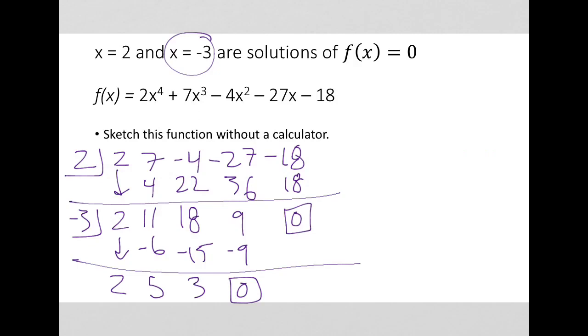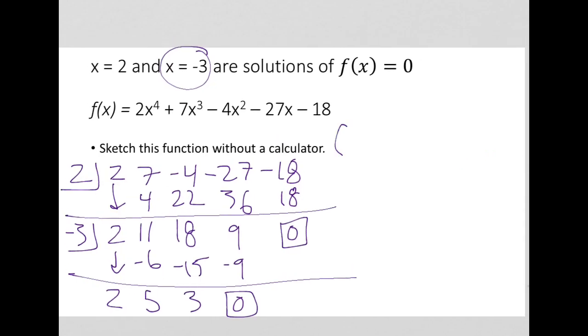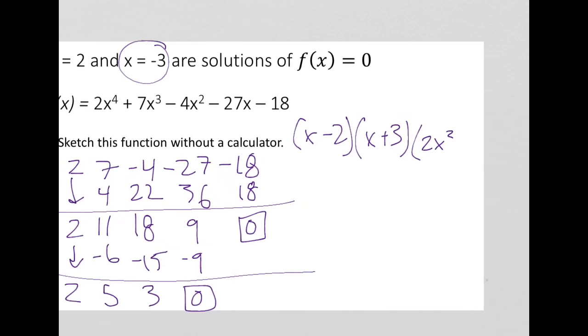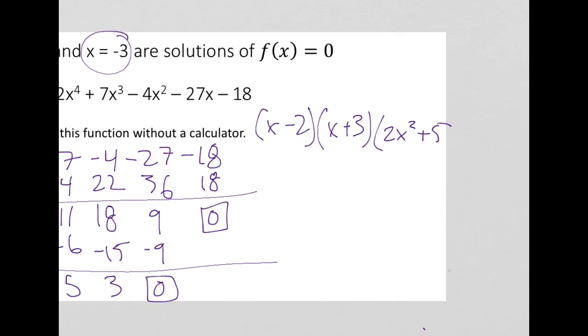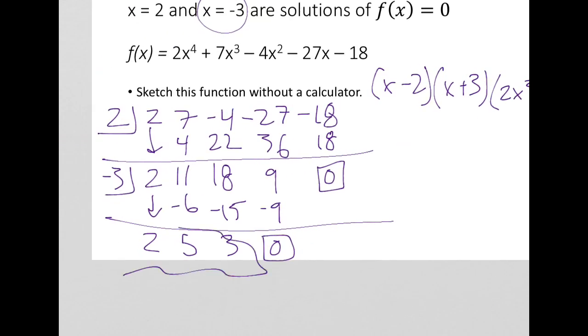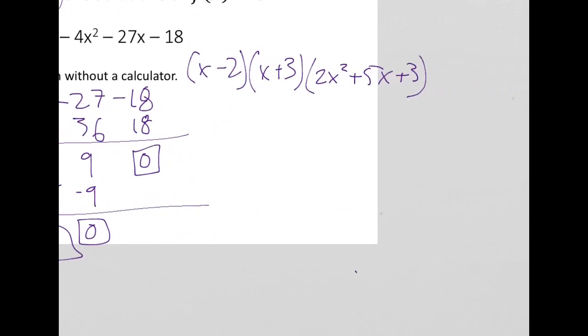So now I can write out my factors as x minus 2, because of that x equals 2 solution, x plus 3, because of that negative 3 solution, and 2x squared plus 5x plus 3 from the solution of that synthetic division party.